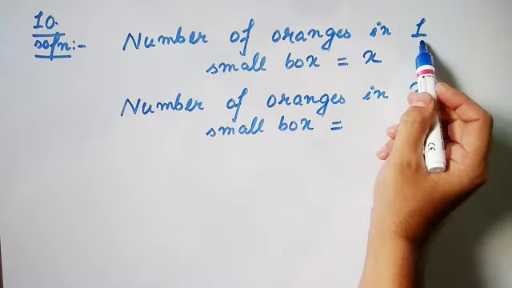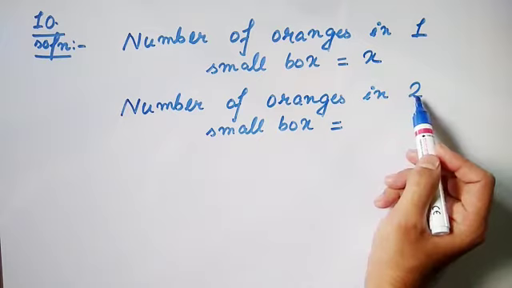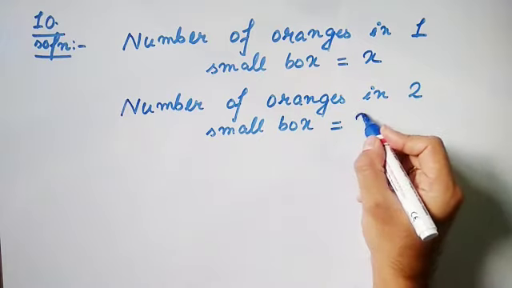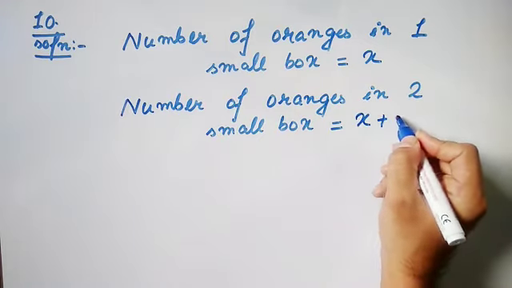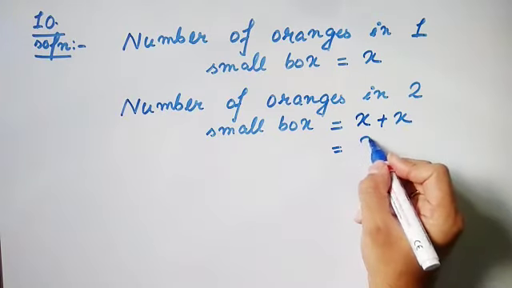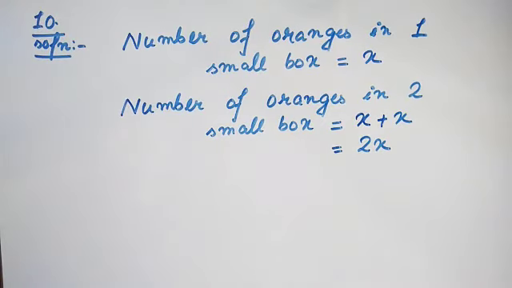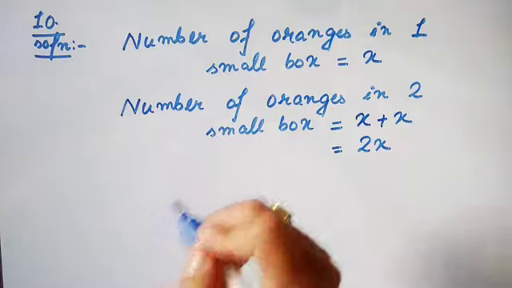So in one small box the number of oranges is x. So in 2 small boxes the number of oranges will be x plus x, that is 2x.